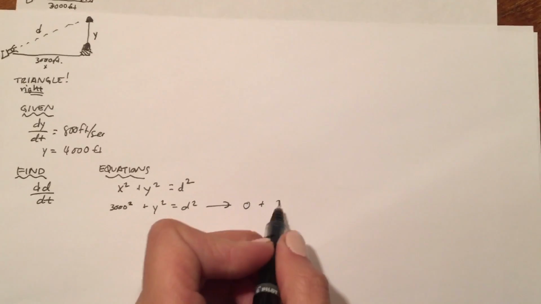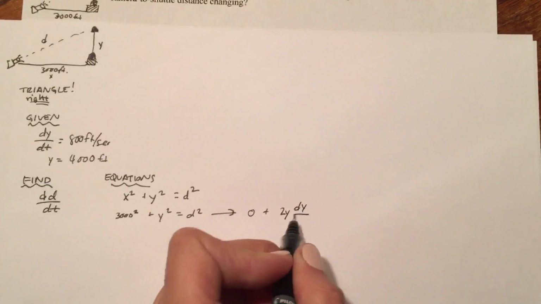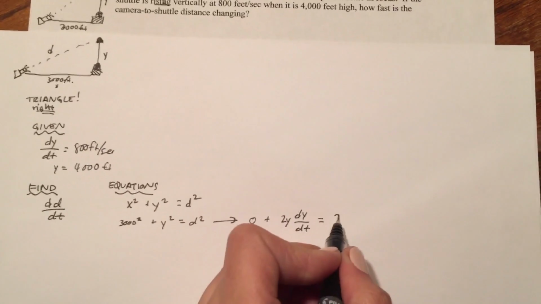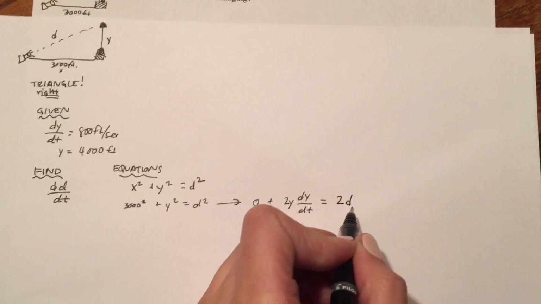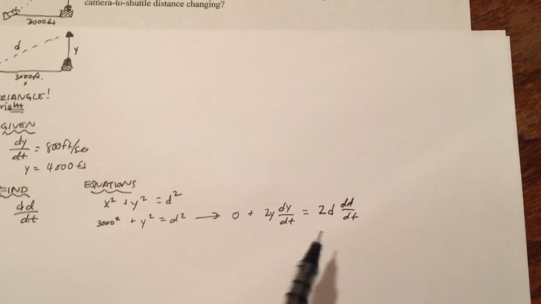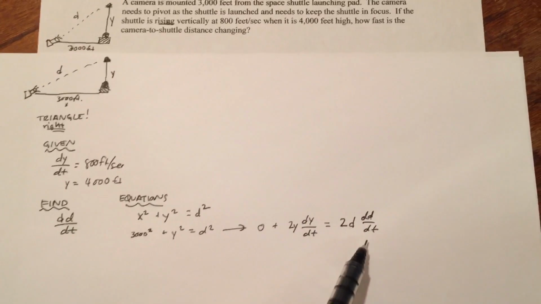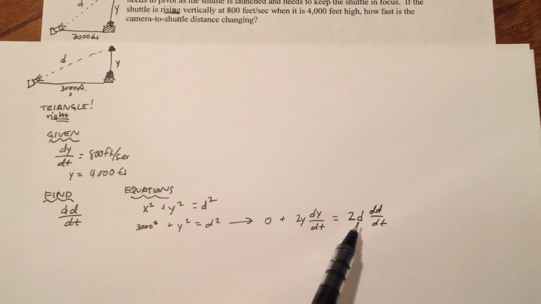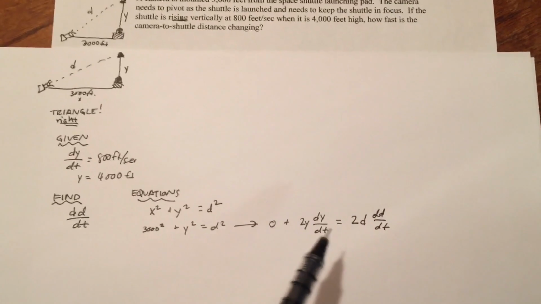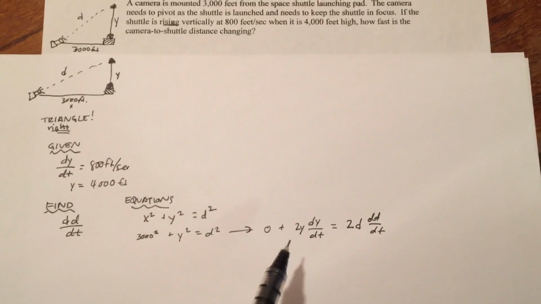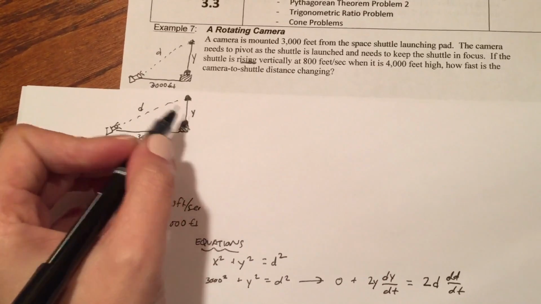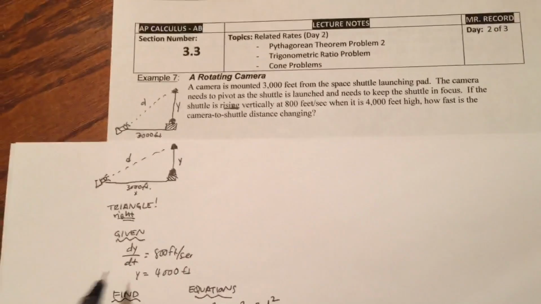The derivative of y squared is 2y, but with respect to time, so dy dt, that's going to equal the derivative of d squared, which is 2d, but with respect to time, dd dt. And so we know we're looking for this. We don't have d yet, but we can find it. We have dy dt, and we have y. Before we solve this, let's get our d variable.